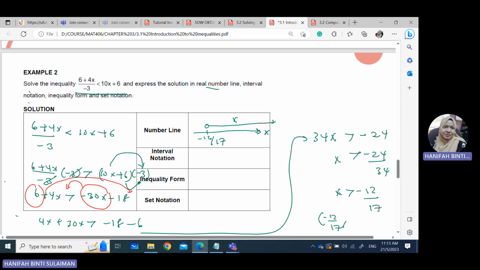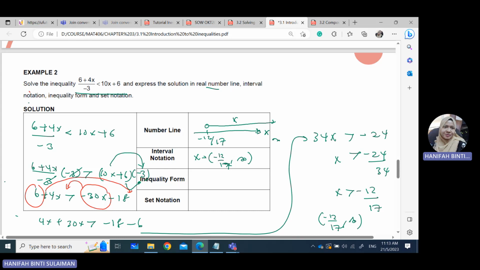And the large number of x is infinity. Okay, sebab dia menghala ke sebelah kanan, which is x, it is approaching to infinity. So, untuk interval notation, the values of x are negative 12 over 17 and it goes to positive infinity. So, ini lah bentuk interval notation.